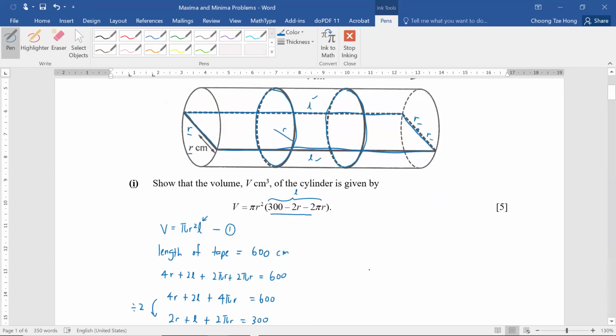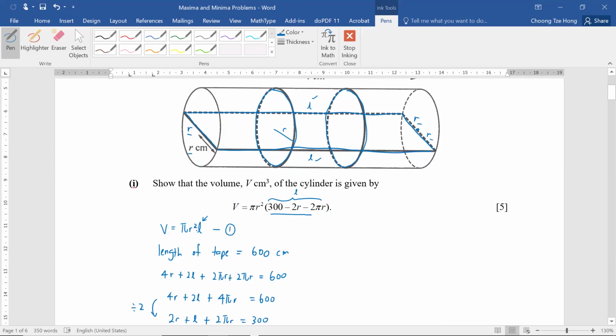Usually this first part of the question for this kind of maxima and minima problem, they require you to prove something, and to prove that thing they require some substitution. So I recap again. They want the volume, right? So volume of a cylinder is pi r square times the length, the cross-sectional area times the length, or the base area times the length.